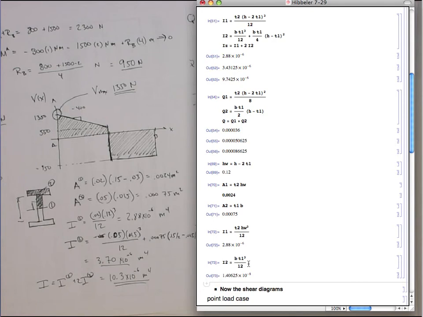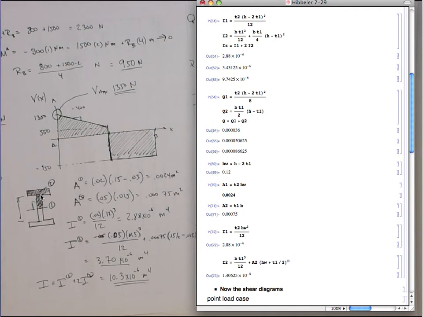Then we have to add the parallel axis part to it. So that's going to be A2 times the distance, which is the height of the web, that's the distance from here to here, plus half of the flange thickness, T1 on 2. And then we have to square that, right?